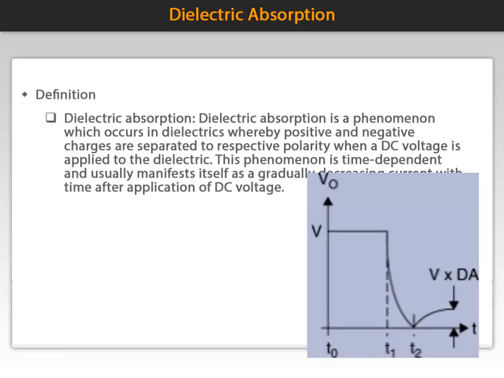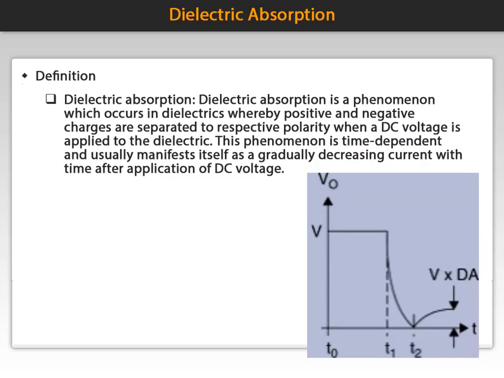We're going to continue examining terminology that will help us in discussing tests such as insulation resistance tests. Dielectric absorption is next up. The definition is: dielectric absorption is a phenomenon which occurs in dielectrics whereby positive and negative charges are separated to their respective polarity when a DC voltage is applied to the dielectric.